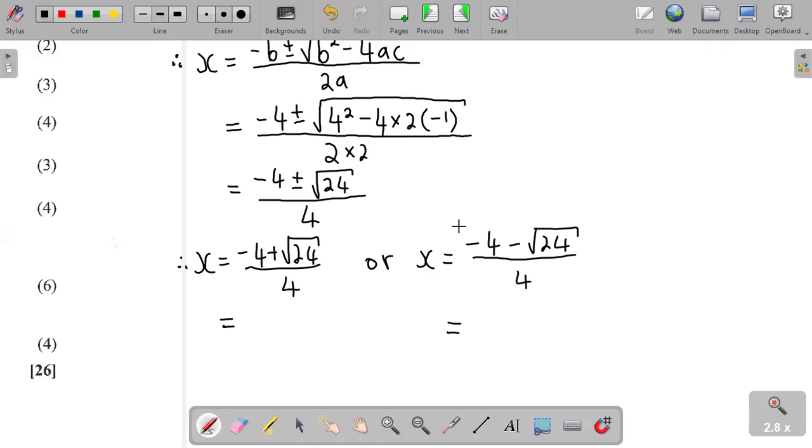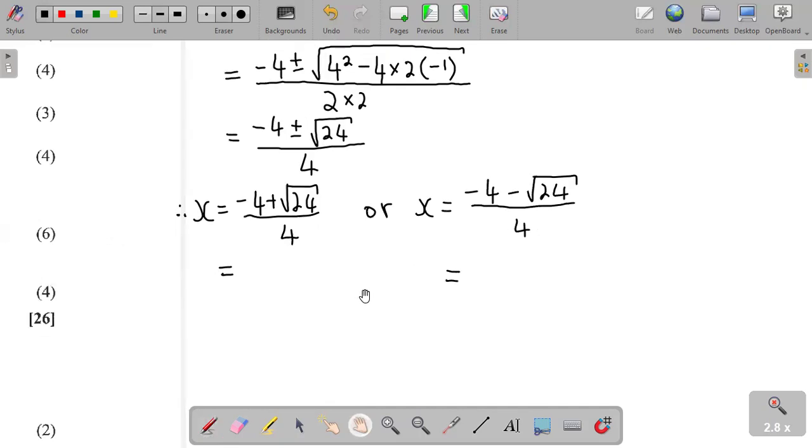So you use a calculator at this point to get the answers. -4 plus square root 24, and then over 4. In two decimal places it gives me 0.22.